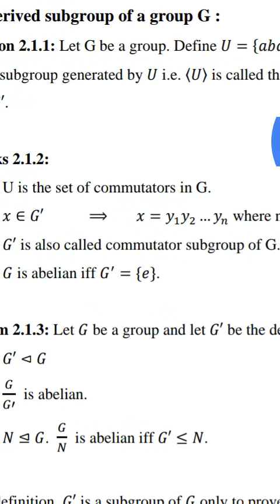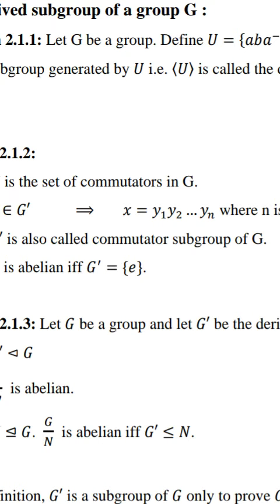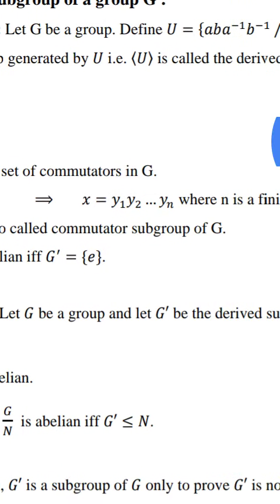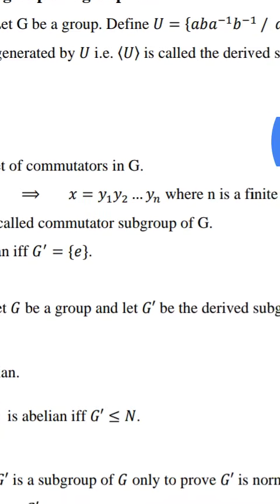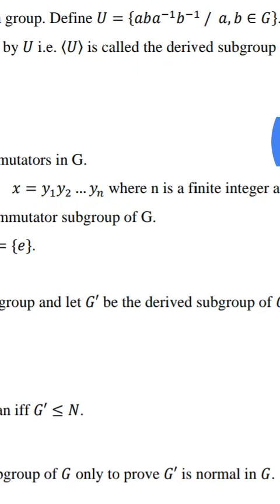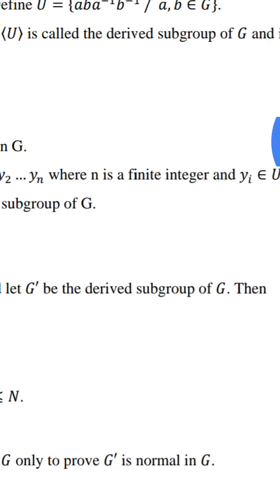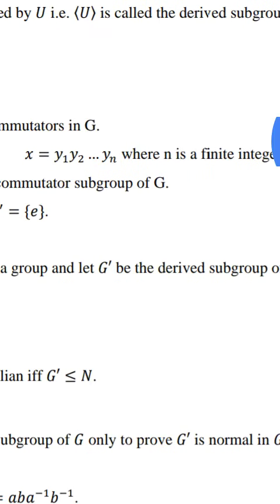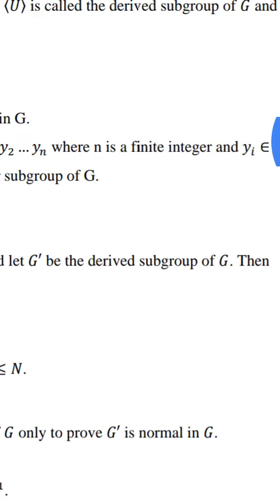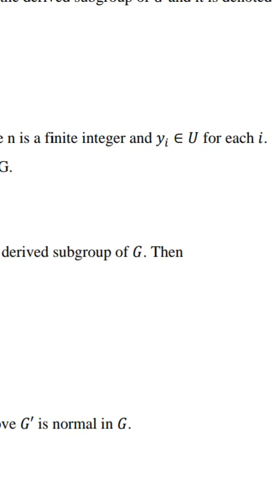Suppose that x belongs to G dash. This implies that x is equal to y1 y2 dot dot dot yn, where n is a finite integer and yi belongs to U for each i.